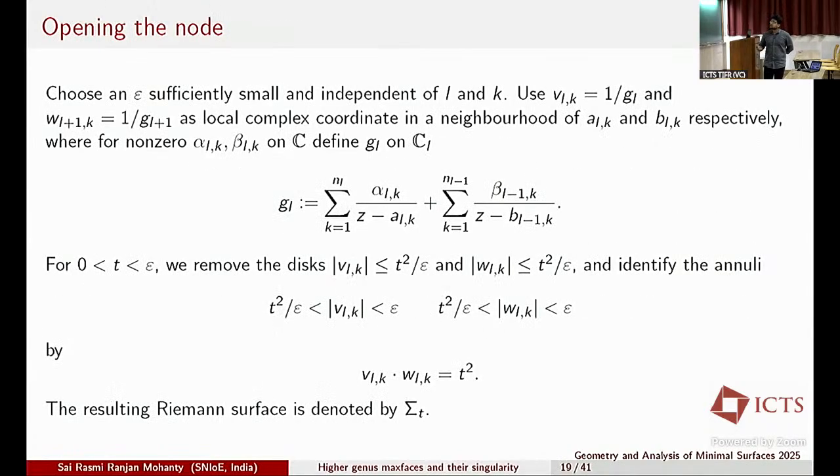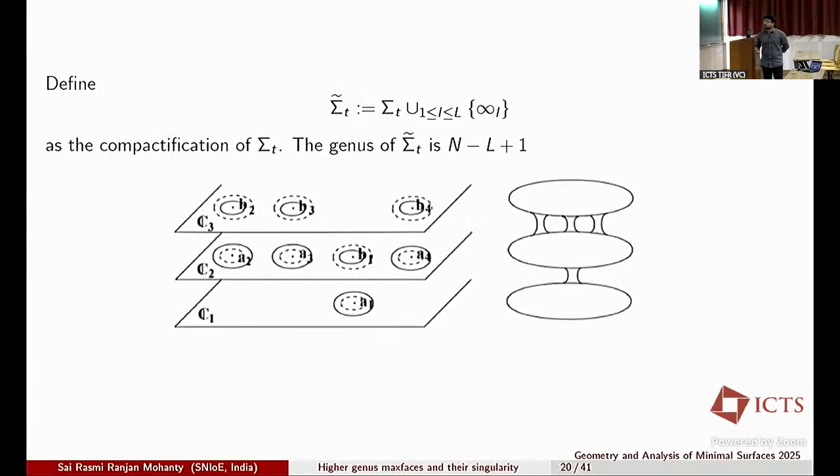The relation is this: suppose we define a coordinate chart around A_{LK}, using this meromorphic function, and this is the coordinate chart around B_{LK}. So in this annular region, we attach both annuli using this equivalence relation, V_{LK} W_{LK} equal to t squared. Using this coordinate chart and identification around this point, we can get a Riemann surface.